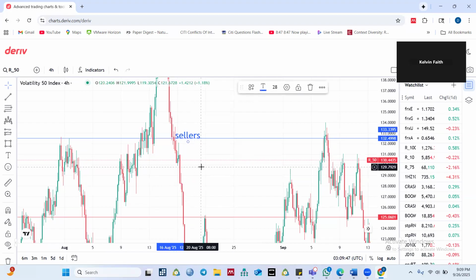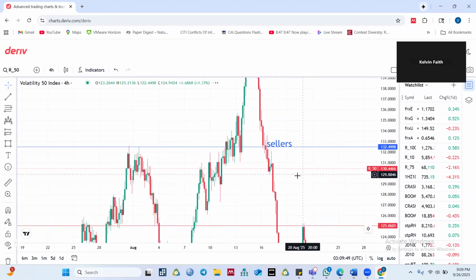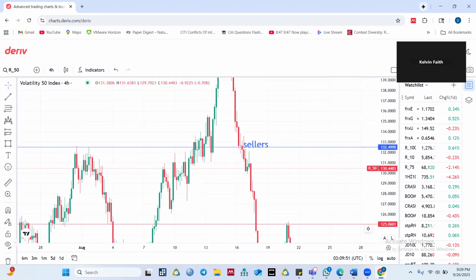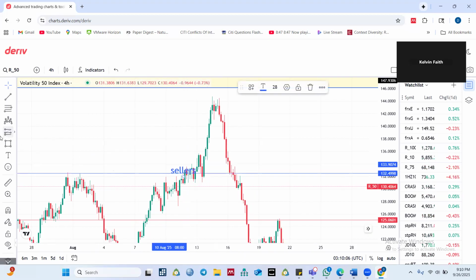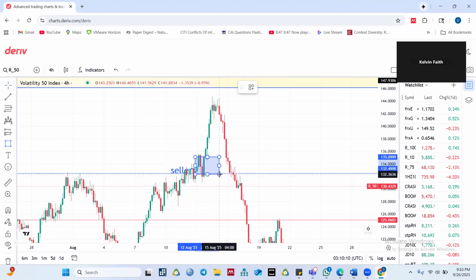But what if the volume or the money that the sellers have is not enough at a particular time? The moment the sellers become weakened, or the liquidity that they have is small, we will see a big bullish candle close above that area, and then the bulls will be in charge.